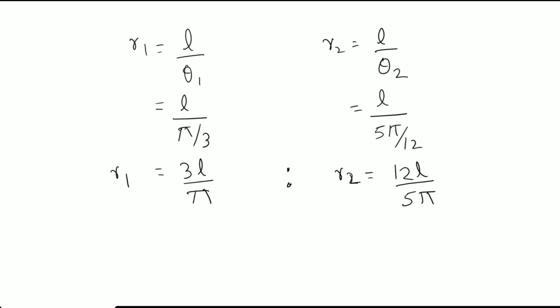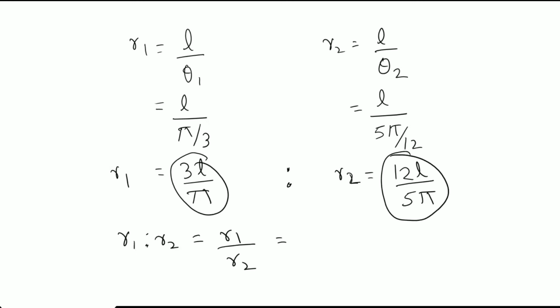So to find the ratio, R1 to R2, I rewrite it as R1 by R2, and I just substitute these values. So it's 3L by pi, the whole thing divided by 12L by 5 pi.